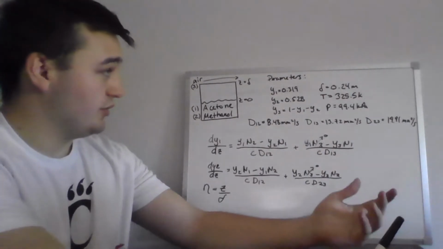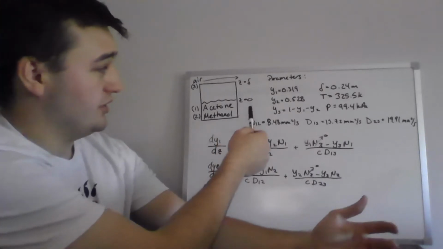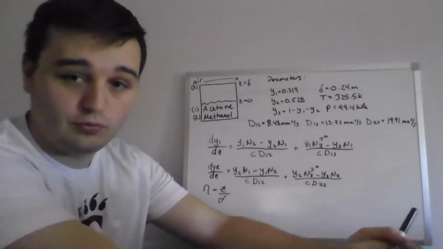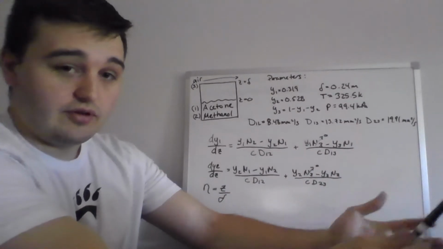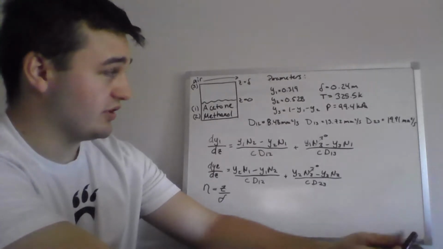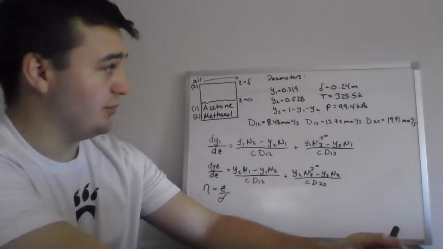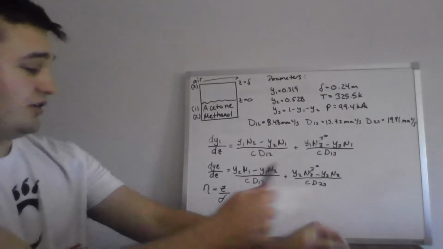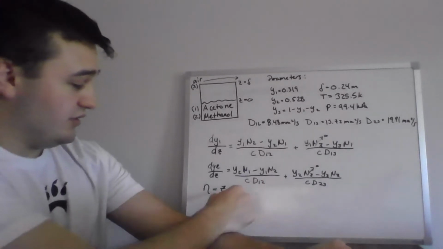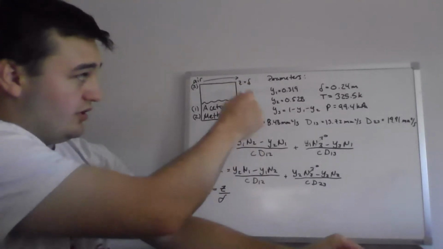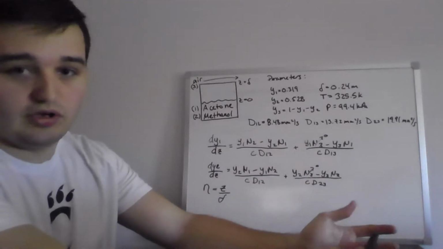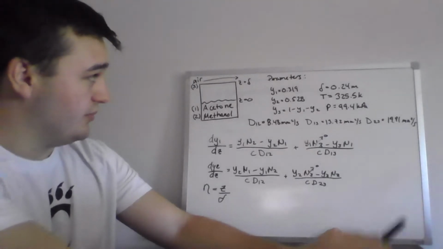Right now z is any value between 0 and 0.24 meters, and that's kind of a headache. So one thing to do to make it easier is to get that variable between 0 and 1. By doing that, we can take z over the total distance, delta. So any distance z in this tube over the total distance will get you a number between 0 and 1 and tells you how far up the tube you are.